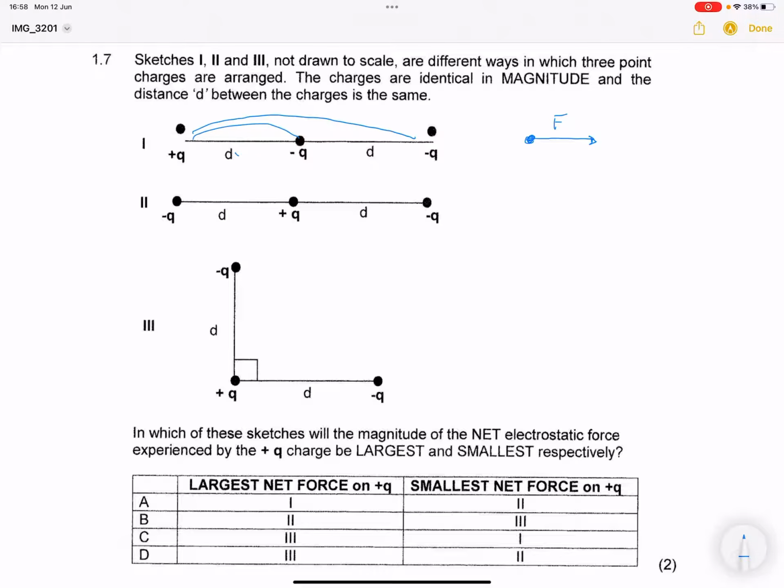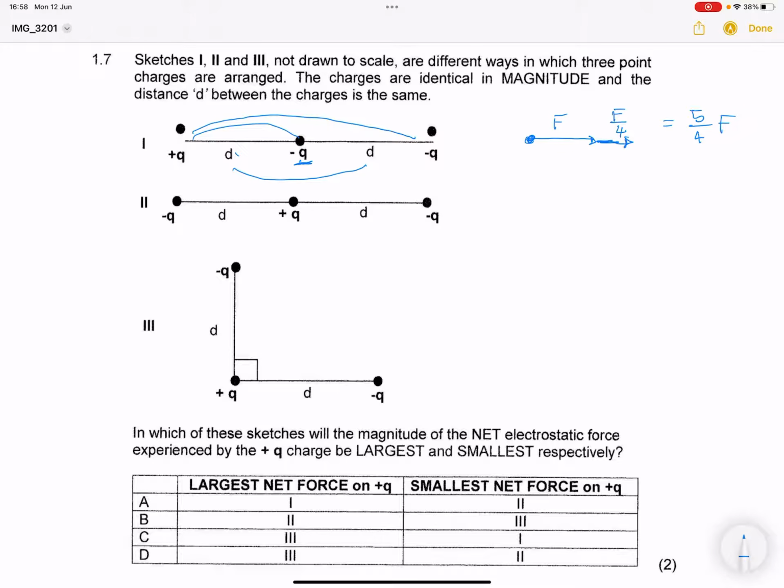Now it will experience, due to this charge here, let's call it force F between Q and Q. Now notice once you double the distance, this distance now is going to be 2d. Now note that the force becomes a quarter, so it will be F over 4, so it will be a much smaller force in this case. So it will be 1 1/4, or in this case you can say that's 5 over 4 of F, okay?